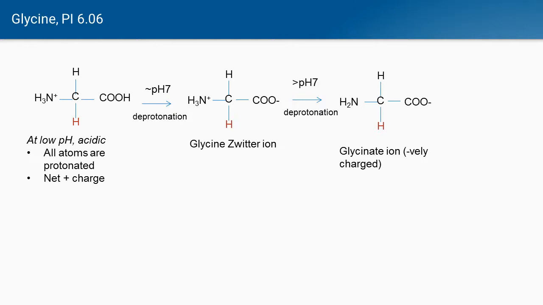In this zwitterionic form, when an amino acid has both positive and negative charge, it acquires a net zero charge, or it becomes neutral, and it does not move, it stops moving.